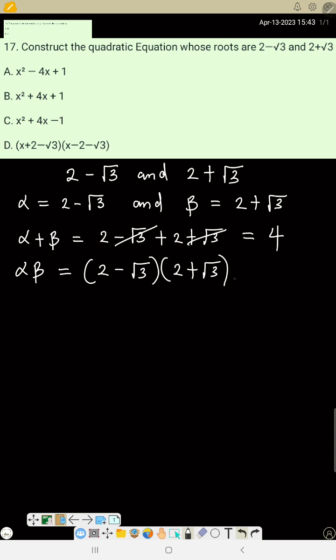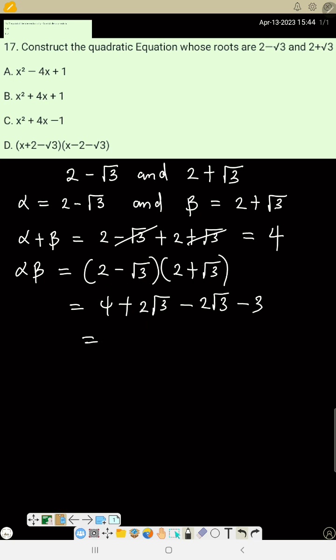Now this is difference of 2 squares, that is 2 squared minus root 3 squared, that is 4 minus 3. Or if you don't want to use difference of 2 squares, if you expand: 2 times 2, 4, plus 2 root 3, minus 2 root 3, then minus root 3 times root 3, that is 3.